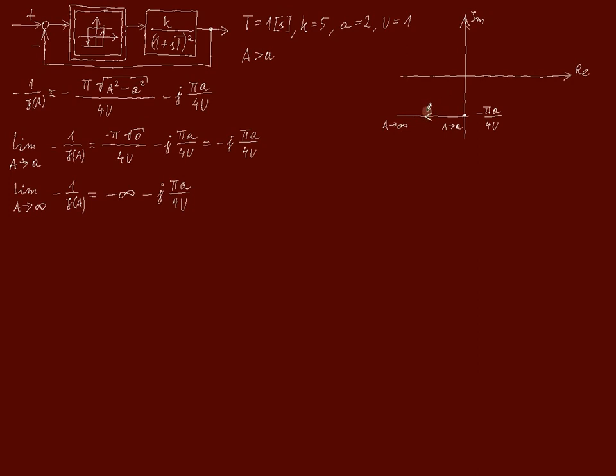Let's also draw a Nyquist plot for a second-order inertia object. This time we want a limit cycle to occur, that is, we want both graphs to intersect.